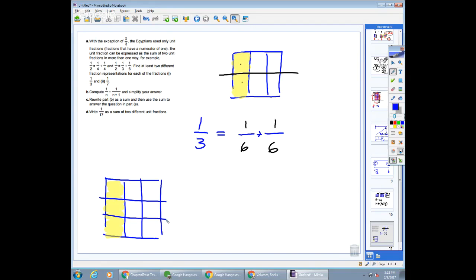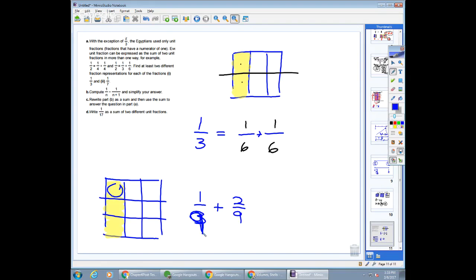Because it's a 3x3 grid. So I could take just that one right there. That would be 1/3, right? But then this one right here is 2/9, and the Egyptians wouldn't understand 2/9, so that wouldn't work. So then I'd have to say, okay, can I break 2/9 into ones? Well, oops, sorry, this is supposed to be 1/9.